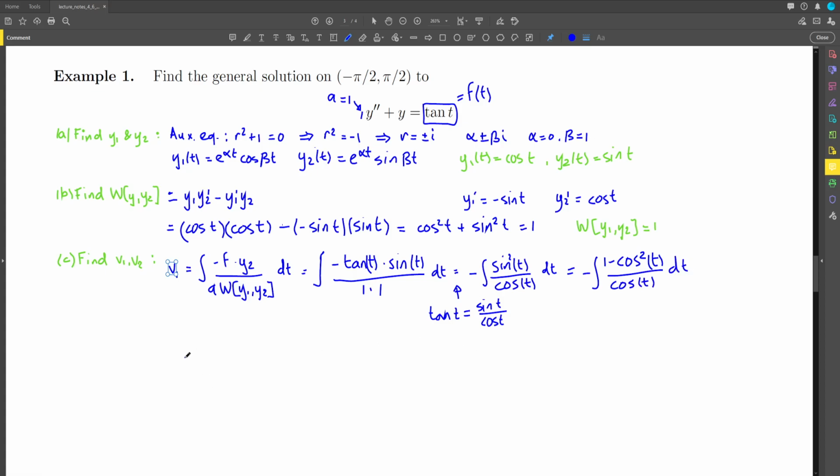And we will simplify that as follows, as negative, and then 1 over cosine t, that is secant of t. So that's the 1 over cosine of t, and then cosine squared over cosine, that gives us cosine of t dt.